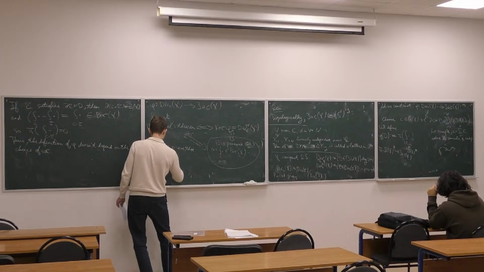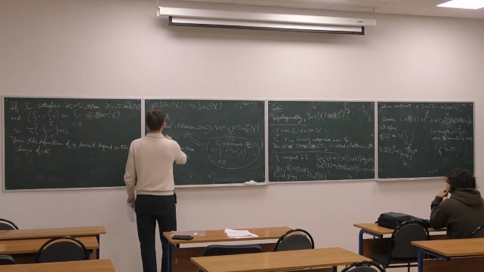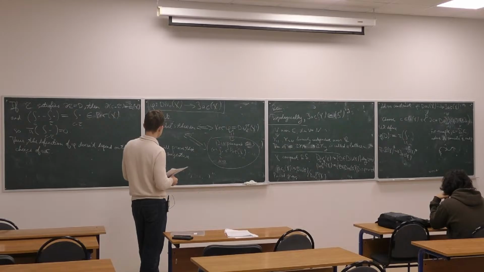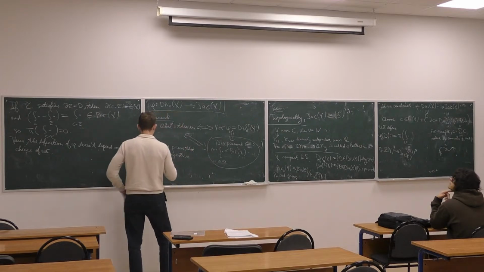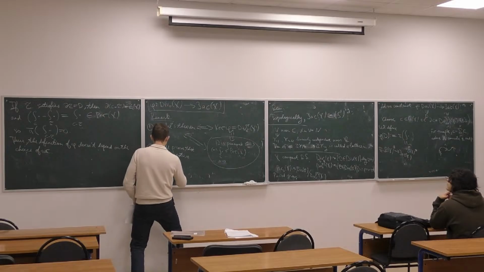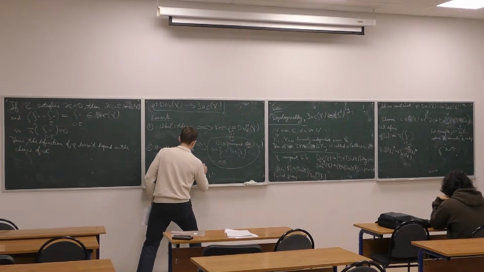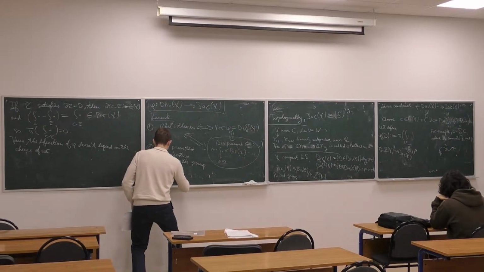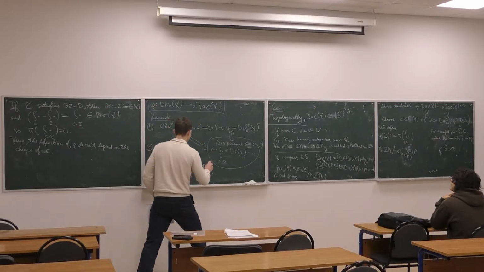So this map phi from div 0 to the Jacobian is surjective, and so we have an isomorphism of groups: Pic 0 of X is isomorphic to the Jacobian.